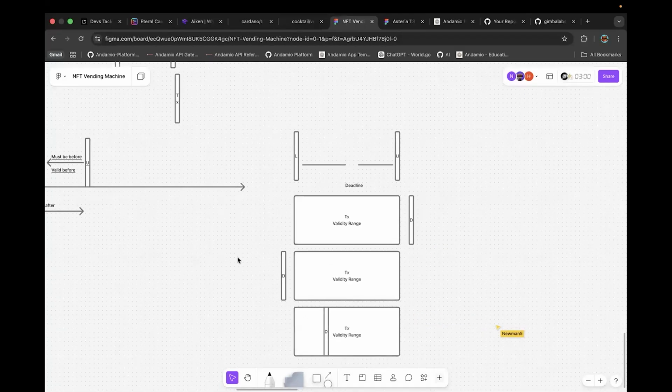And what we use is these, valid before and valid after. Let's do it here.